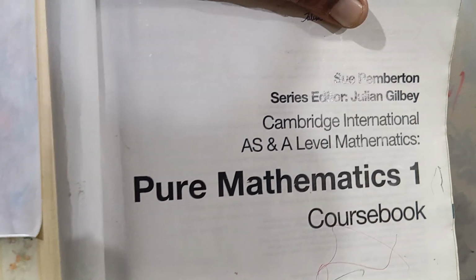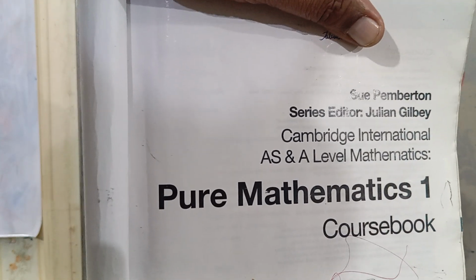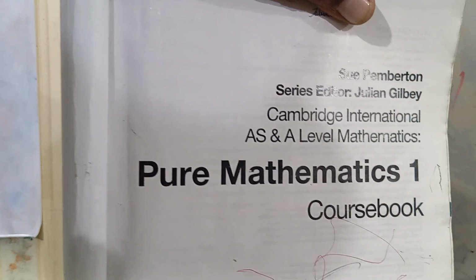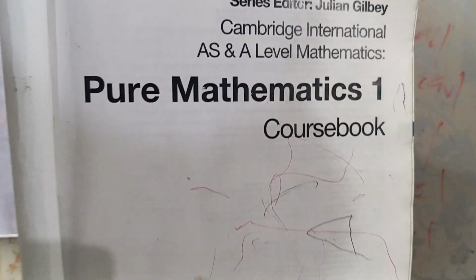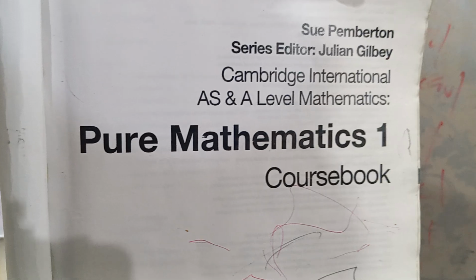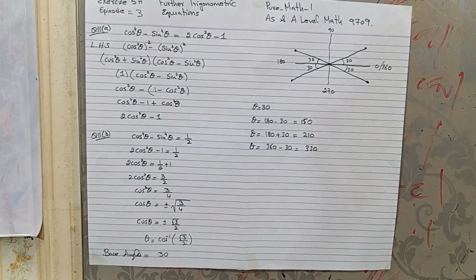We are following this book to complete the paper 1 syllabus of AS Maths, and all the credit goes to the author and the publisher of this book, and we are only presenting you the solution of these questions. So that's it, and we have completed exercise 5H in 3 episodes. We have done episode 1, episode 2, episode 3 on this exercise.